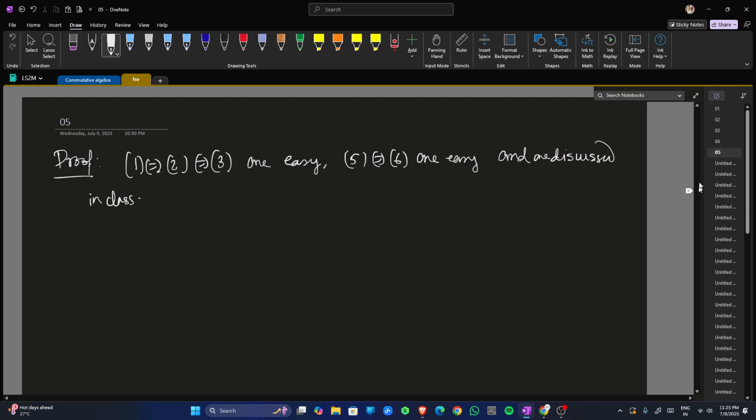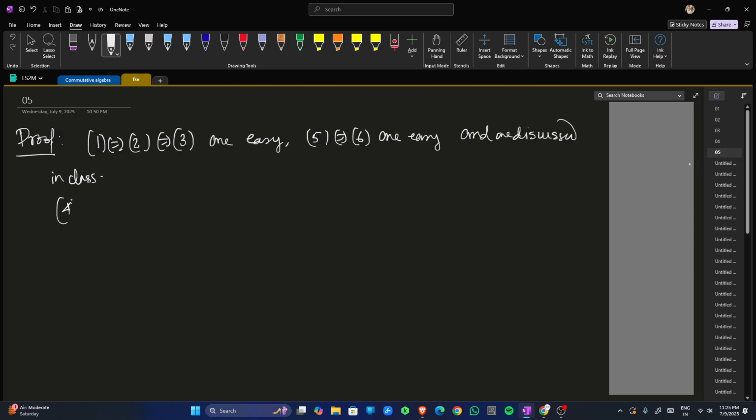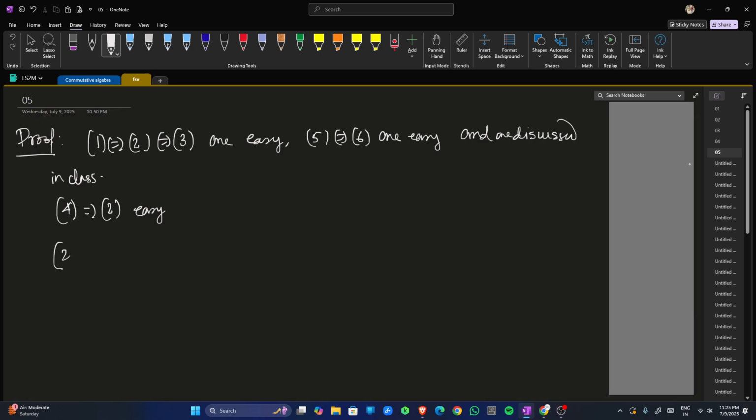Okay, so what is 4? 4 implies 2 is easy. All these are left as an exercise. Now prove 2 implies 4.